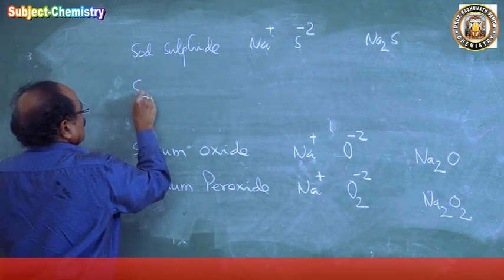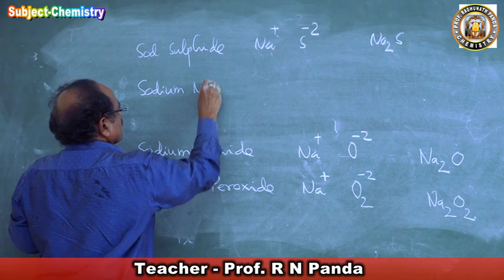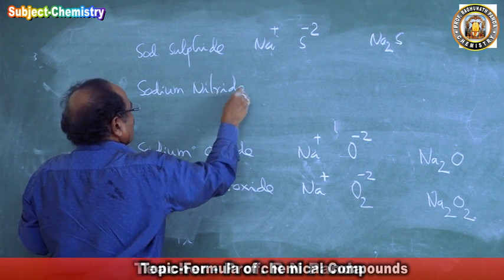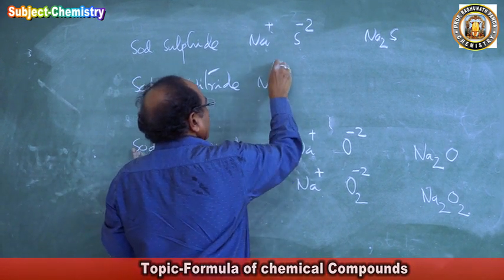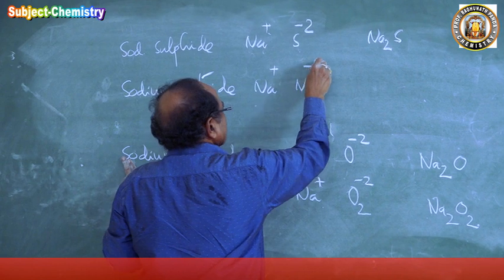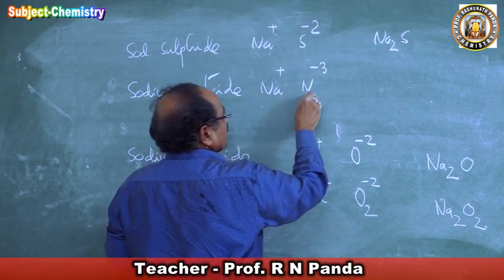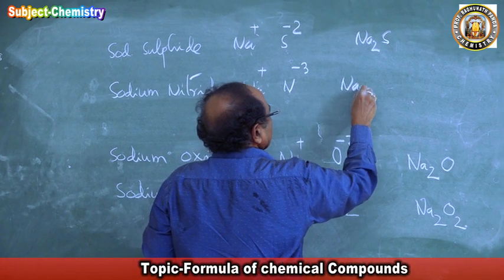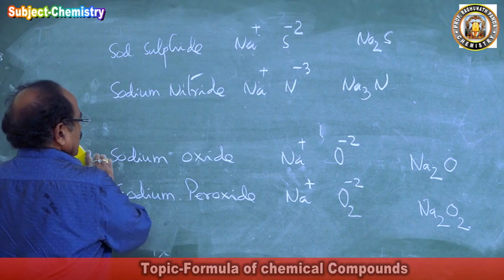Let's take sodium nitride. I am coming to group 5 now. Sodium nitride, Na plus 1, nitride minus 3, and the 3 will come to this place, this will go to this place, so we'll have Na3N, sodium nitride.